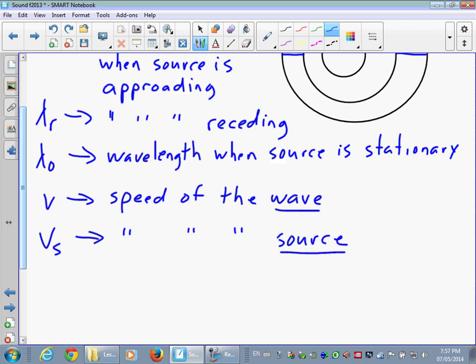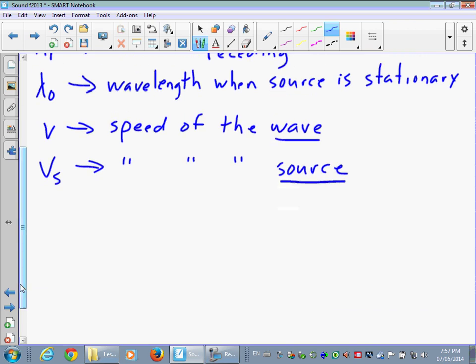A couple of other terms will come along as we go through the derivation. T is the period of the source. The waves are being generated at a certain frequency, regardless of whether it's moving or stationary. That frequency is based on how the sound is being produced. So let's consider what happens when the source is approaching, and then we'll come back and see how this would be different if the source was receding.